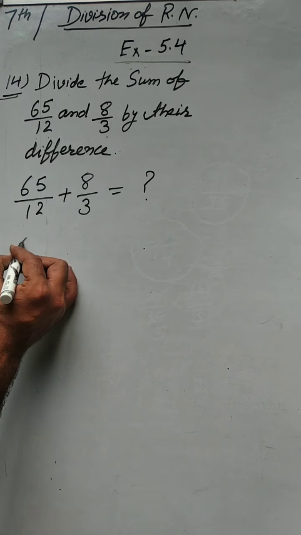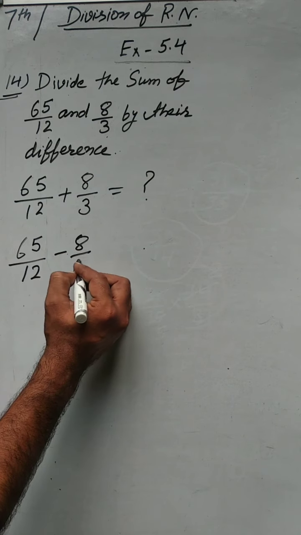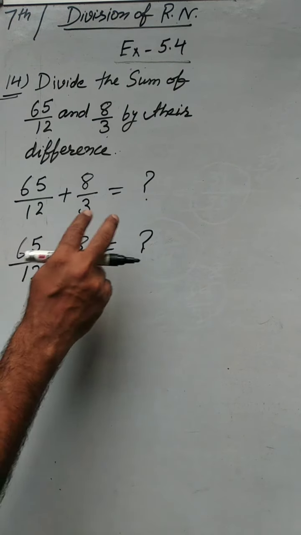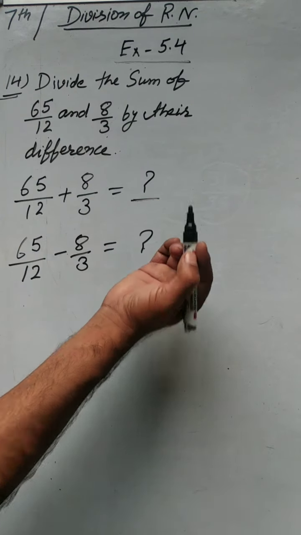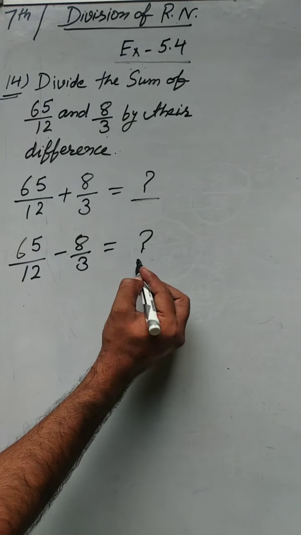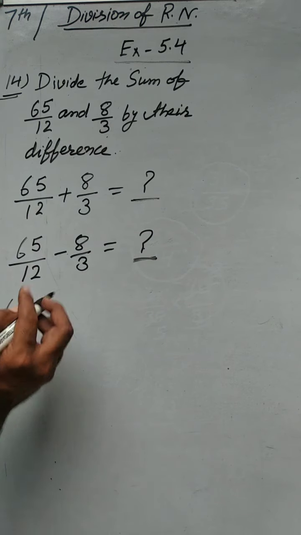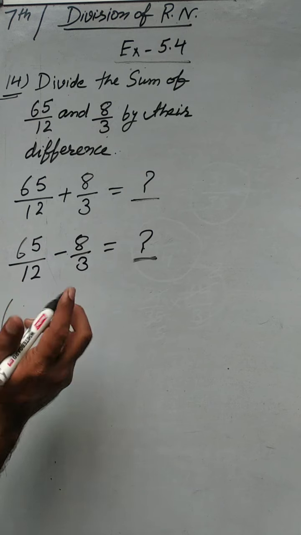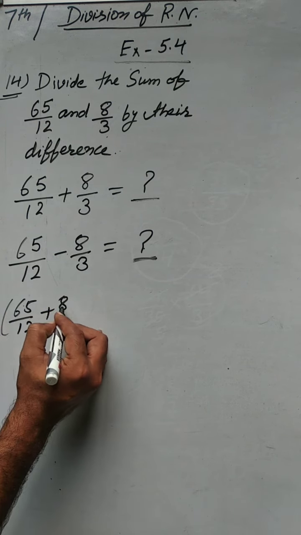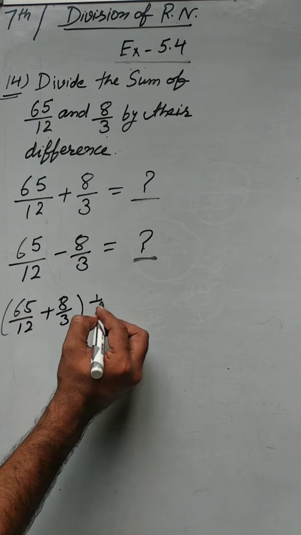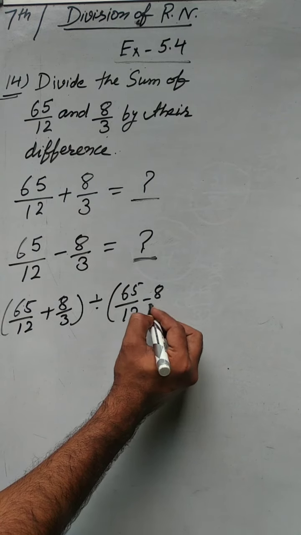Means then you will find 65 upon 12 minus 8 upon 3. One result you will get here, and another number you will get here. Then beta, according to the statement you have to divide this sum with this difference. 65 upon 12 plus 8 upon 3 divided by 65 upon 12 minus 8 upon 3.